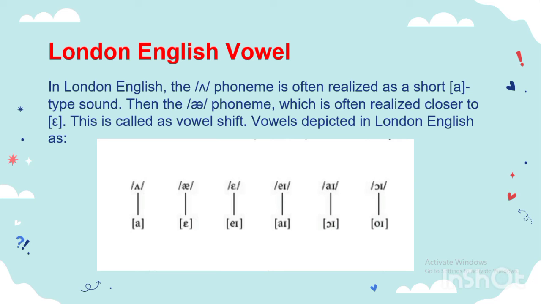London English vowels. In London English, one phoneme is often realized as a short a type sound. This then encroaches upon another phoneme, which is often realized closer to e.